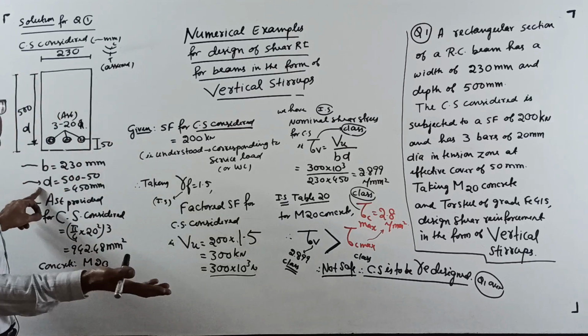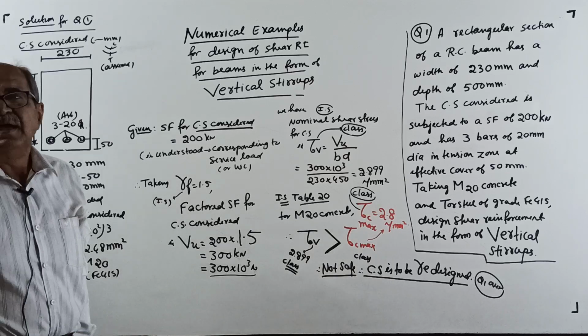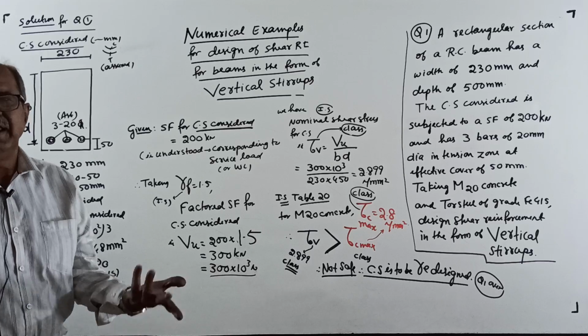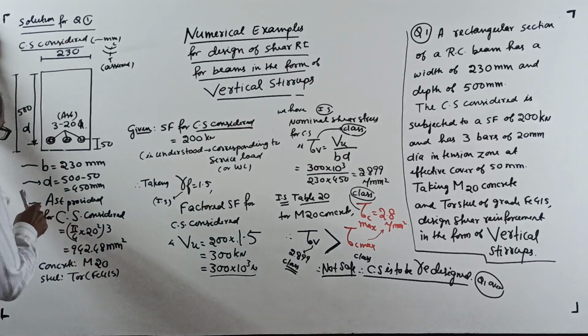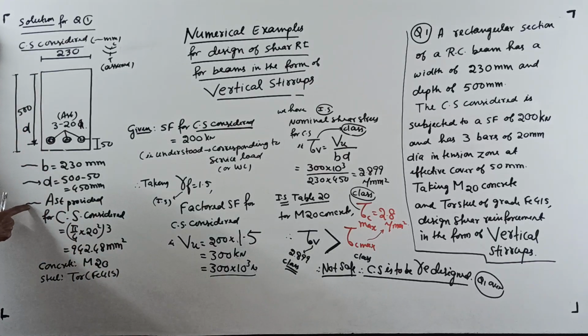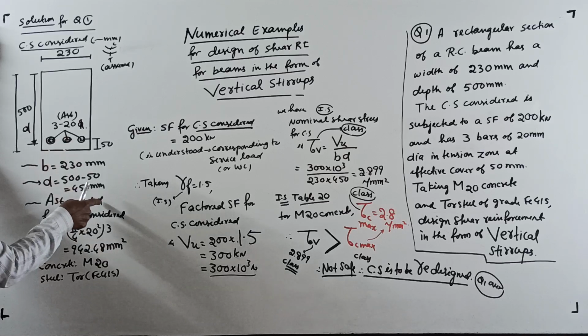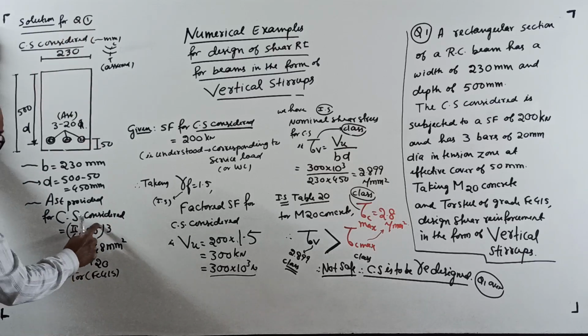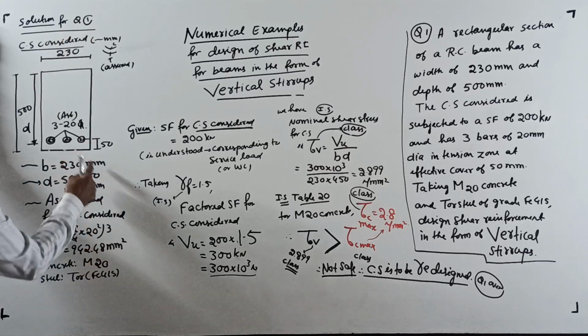Distance of centroid of tension steel from extreme compression edge, not required. Next, very important: cross-sectional area of steel in tension, Ast, provided for the cross section considered: pi by 4 into 20 squared into 3, equal to 942.48 mm squared.